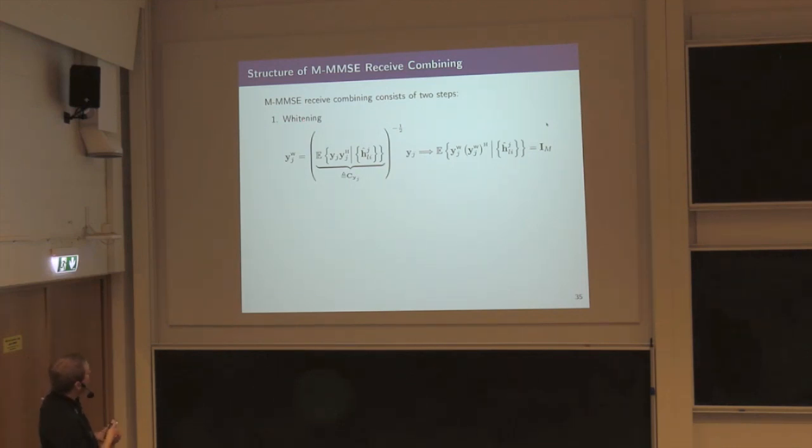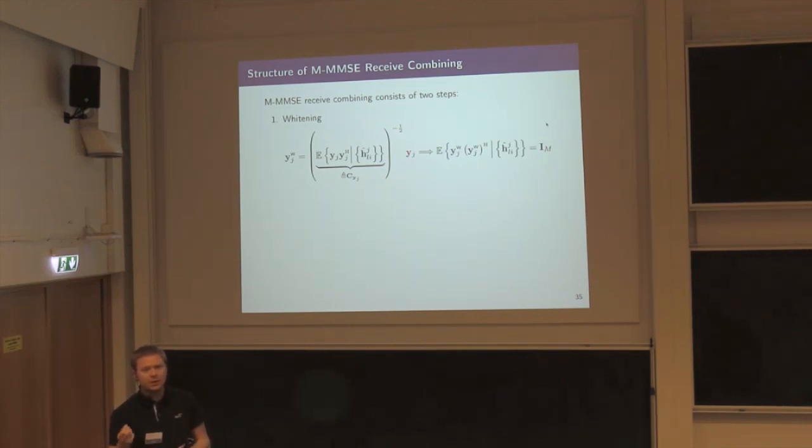So say that we take the received signal, Yj, that is what we receive during the data transmission, and we compute a correlation matrix out of that one, or covariance matrix. Yj Hermitian, take expected value of that given our estimates. We call this Cyj. Then, if you take this thing and you multiply your received signal with the inverse of the square root of this thing, you have whitened your received signal.